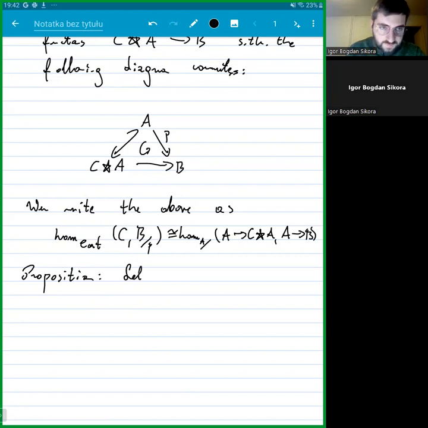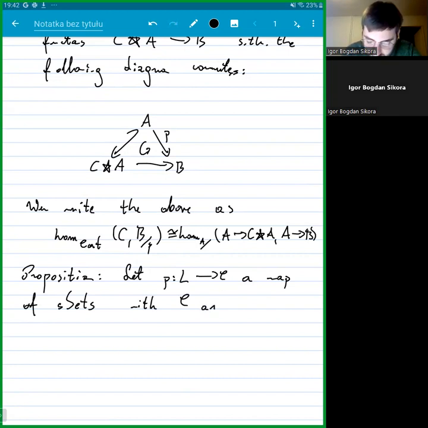Let P from L to C be a map of simplicial sets, with C being an infinity category, so a quasi-category.